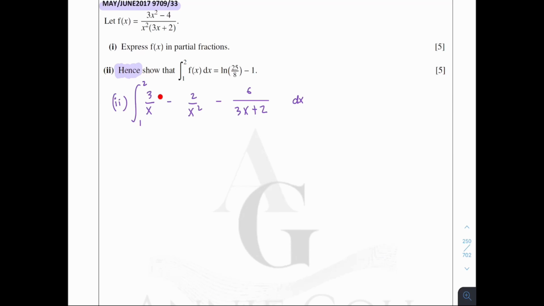If you want to apply the AS method, x power negative 1, you take n plus 1, negative 1 plus 1, which equals 0. Later on, you're going to divide by 0, which is undefined. So for the first fraction, we can integrate by using the ln.